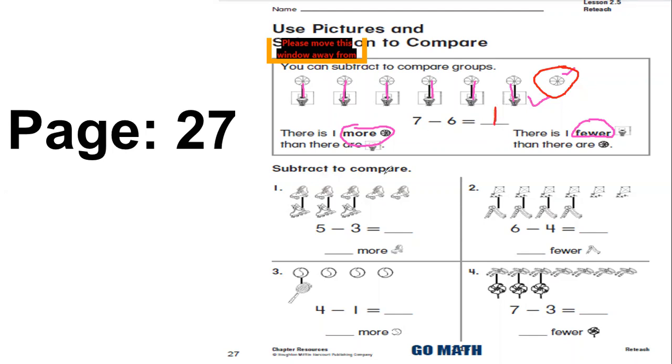Now subtract to compare. Question number 1. We have the skating shoes. So let's count 1, 2, 3, 4, 5. So we have 5 minus 3. So join them. 1, 2, 3. So that's 3. So 5 minus 3 equals dash.